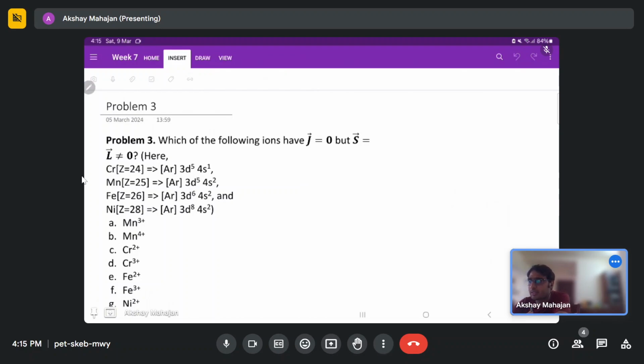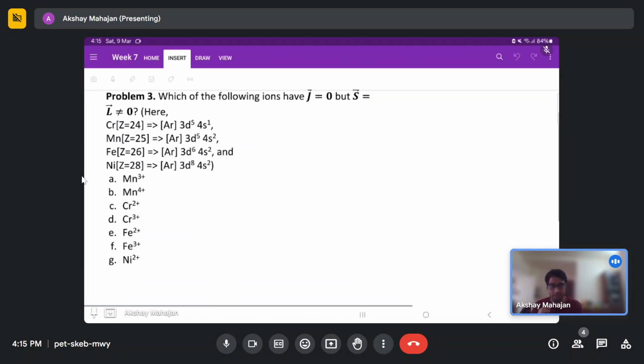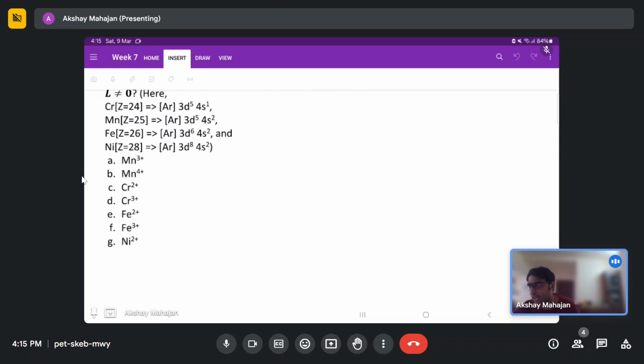In problem number 3, what is given is: which of the following ions have J vector equal to 0 but S vector and L vector not equal to 0. The electronic configuration of the atoms is provided to you, and correspondingly we can find it for the ions as well.